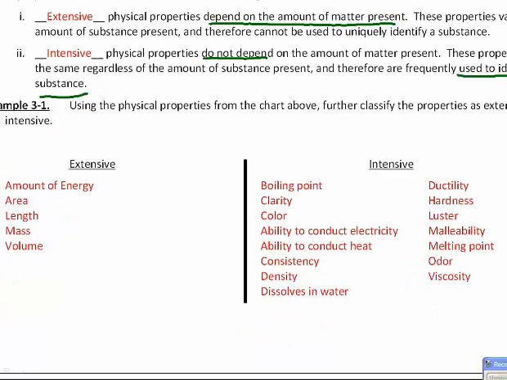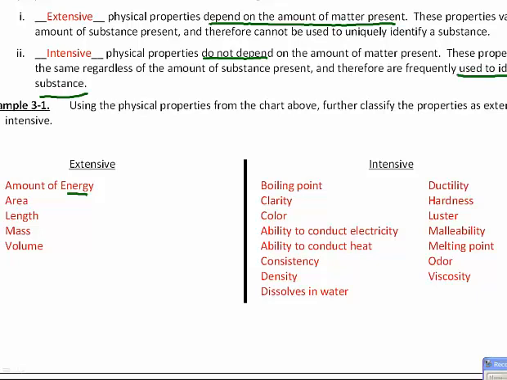But then it says example 3.1. It's actually example 2 on the bottom right of your notes there, and we've gone ahead and separated them for you. But you can see the extensive properties. If I give you a gallon of gasoline, it's going to have a certain amount of energy. If I give you 10 gallons of gasoline, obviously it's going to produce more energy.